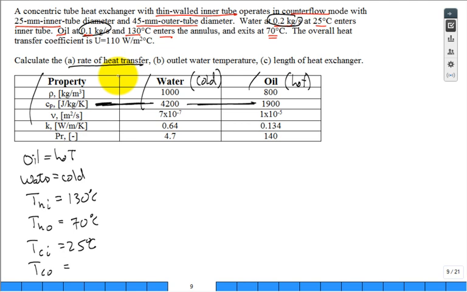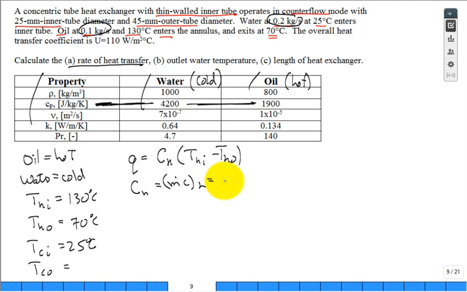Energy balance for the hot fluid. So if you do the energy balance for the hot fluid, Q is equal to the heat capacity rate of the hot times the temperature hot in minus temperature hot out. And this heat capacity rate of the hot fluid is the mass flow rate times specific heat of the hot.